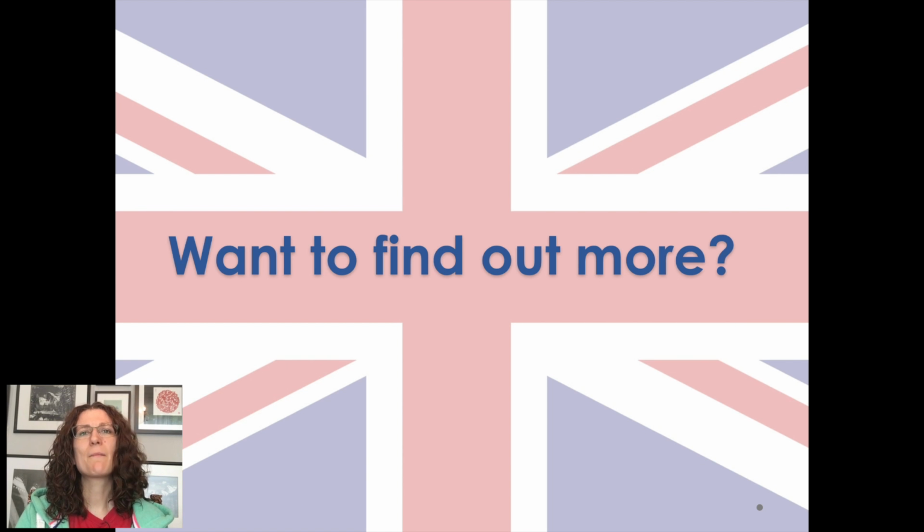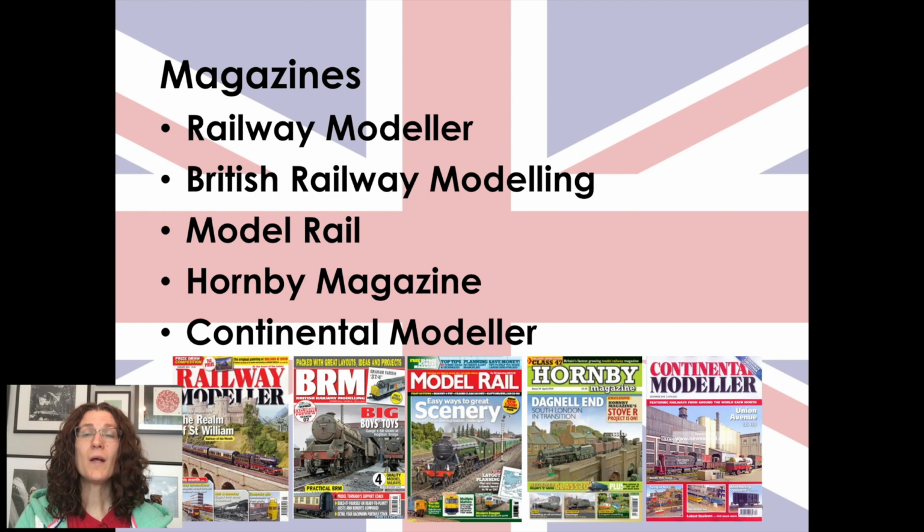So do you want to find out more about the UK modelling scene? Well, I recommend you get some magazines. A lot of these are home layouts, but they will also go and do a lot of exhibition layouts. So Railway Modeller is the oldest one probably. It's been going the longest, and it has some great features, really, really good layouts.